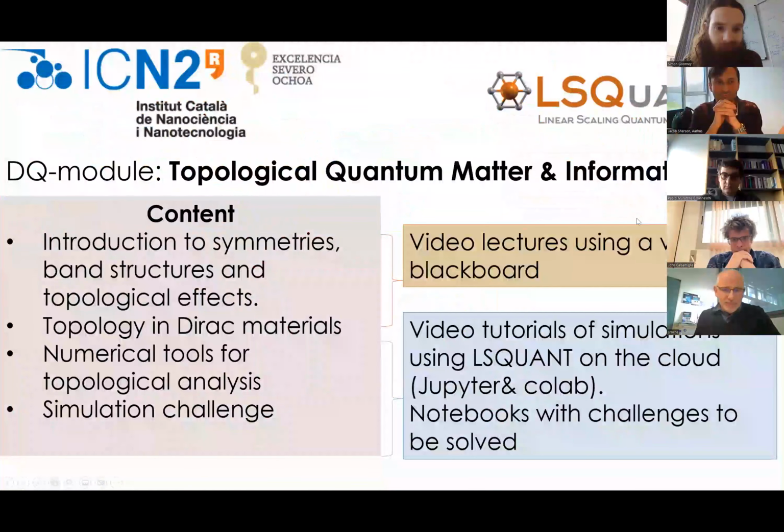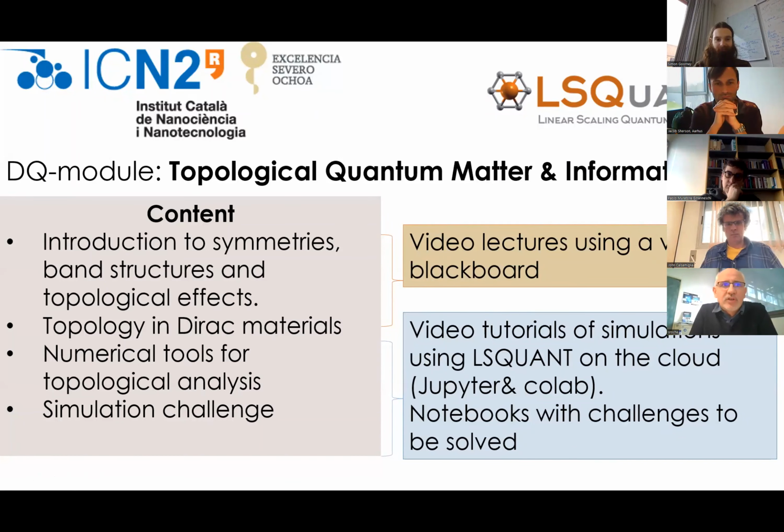The main goal of our module is to introduce the student to the fundamental concepts and computational tools, and also to study topological properties of quantum materials. We are planning the module to be divided into two main sections.